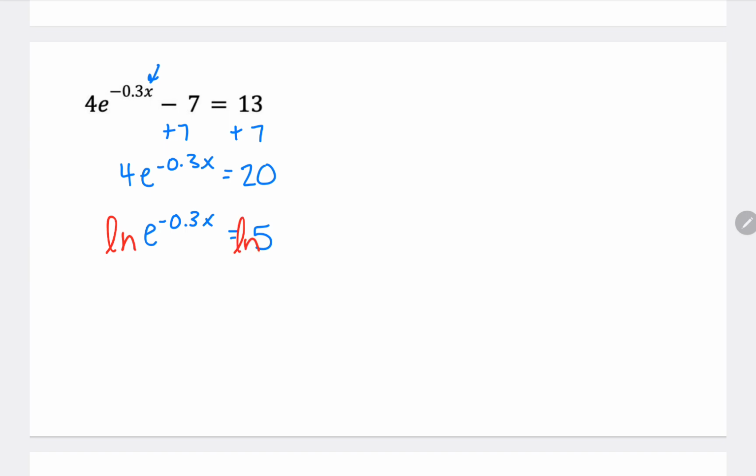So we're going to take the ln of both sides, and when we do that, the ln and the e cancel each other out. ln of 5, you can use your calculator to get approximately 1.609. And then lastly, we need to divide by negative 0.3 to get about negative 5.365.